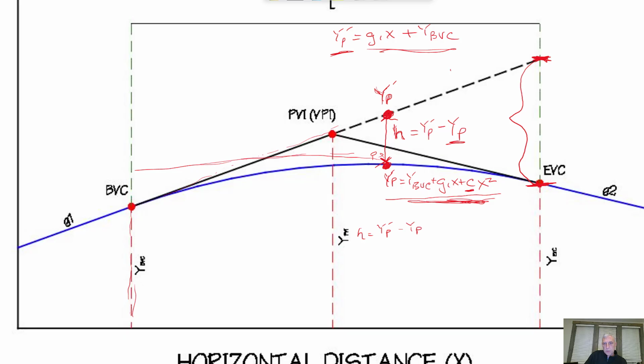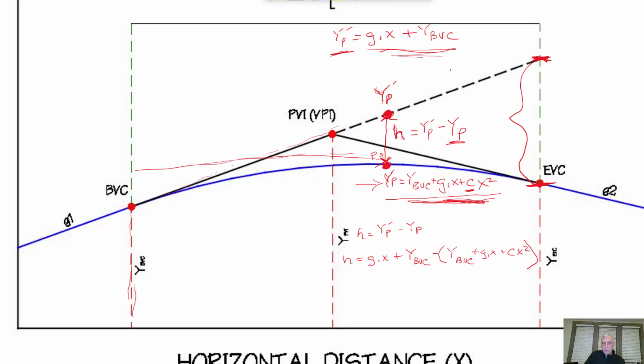If I substitute in the terms that I came up with, I get H equals y prime of p, so G1 of x plus y of the BVC, minus the quantity yp. And we said yp is equal to this right here: y BVC plus G1 x plus C x squared.